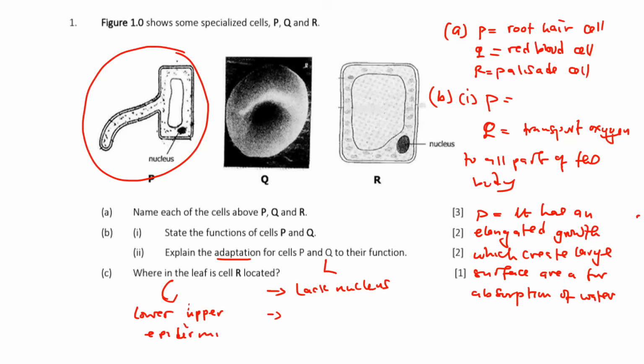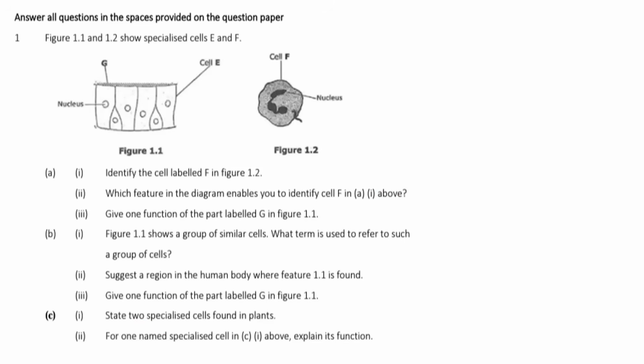Now, this question can come in two different forms. You might be asked, where is it found? Or which organ of a plant? The organ where it is found is the leaf, but you've been told it is found in the leaf, but where exactly? So make sure that you differentiate questions.